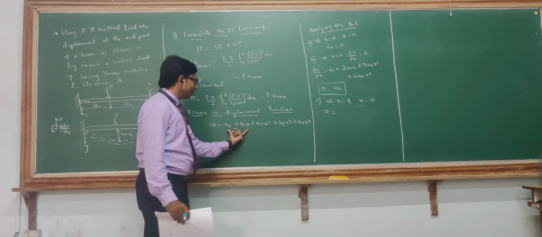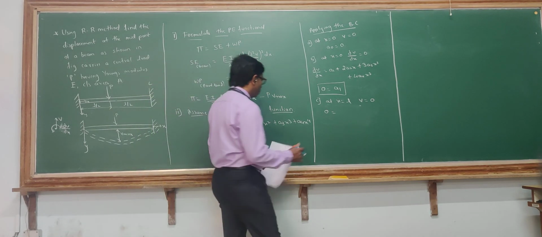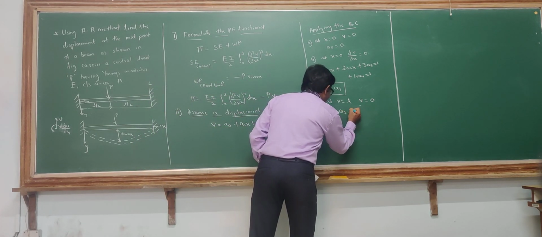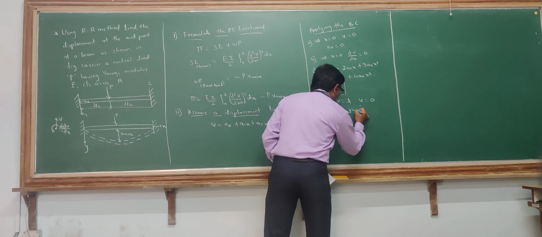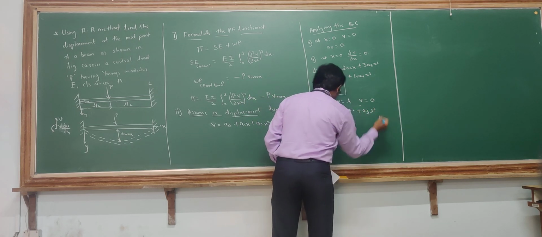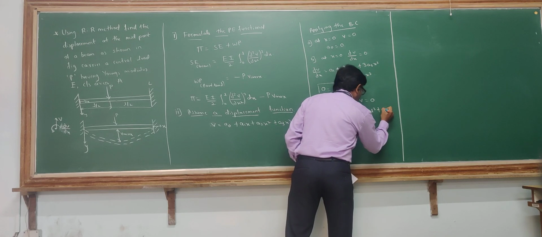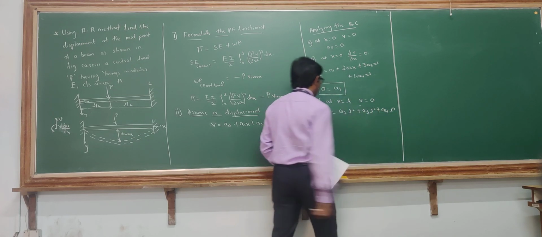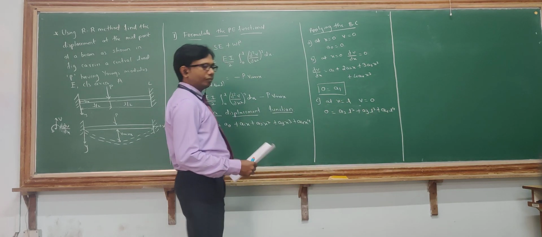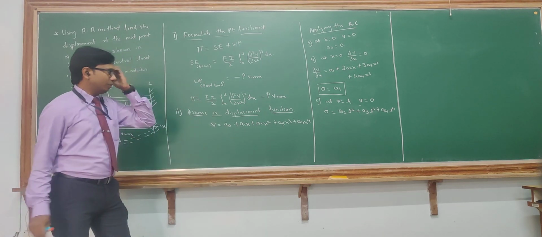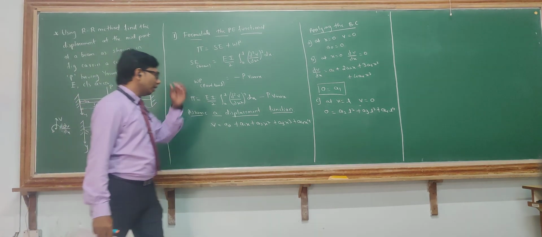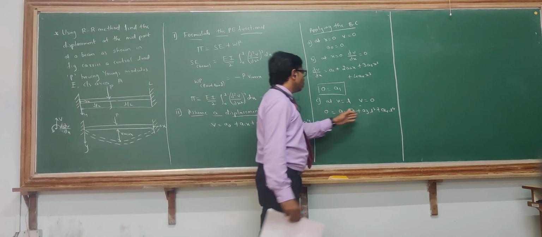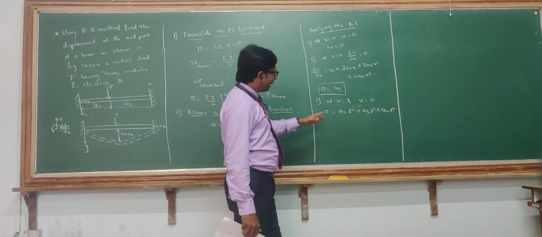So we will not write these equations. We will directly go to a2. So it becomes a2L square plus a3L cube plus a4L raised to 4. So this is one equation we will be writing. Here it is a combination of a2, a3 and a4, so we will keep it as it is.